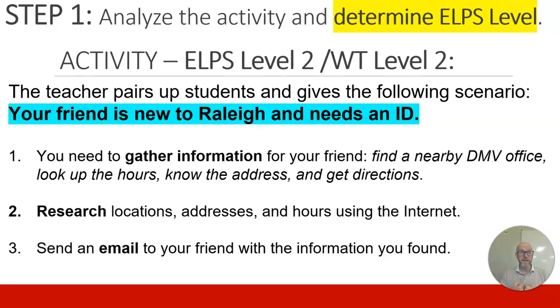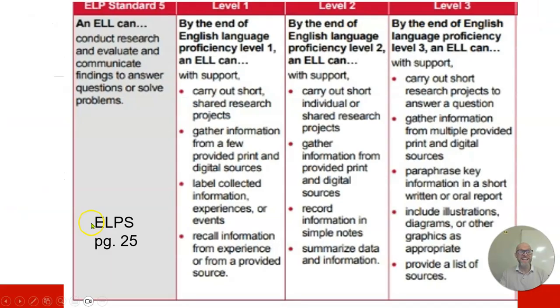Let's specifically look at number 2. What action verb do you see? You got it, research. We see some others like gather, email, potentially communicate, but let's focus on research because that is clearly stated in ELPS Standard 5, Conduct Research.